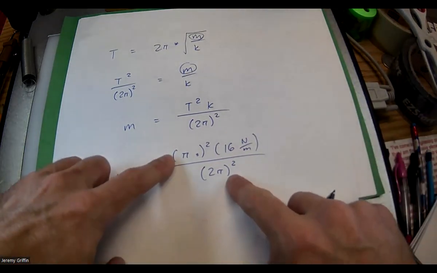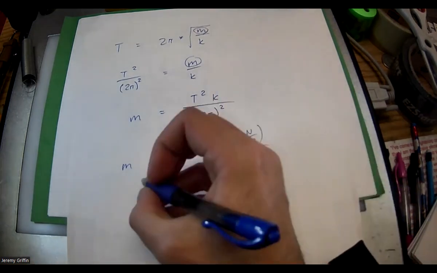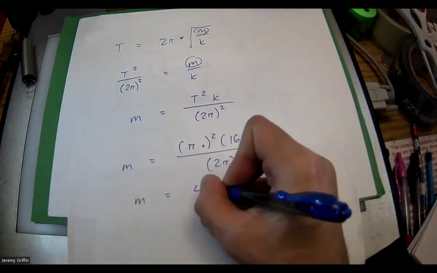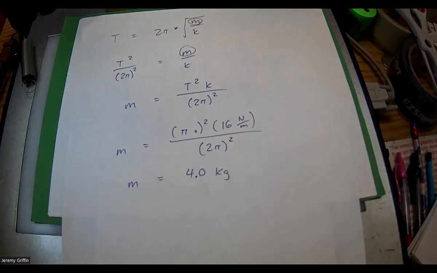Well, pi squared cancels. You guys get 4 kilograms exactly for the mass. 4 kilograms for the mass.